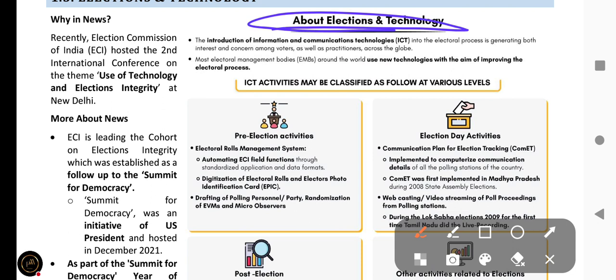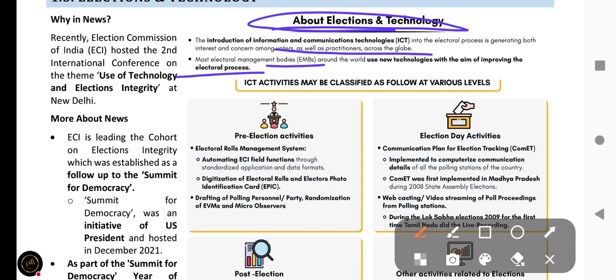About elections and technology, the introduction of information and communications technologies into the electoral process is generating both interest and concern among voters as well as practitioners across the globe. Most electoral management bodies around the world use new technologies with the aim of improving the electoral process.